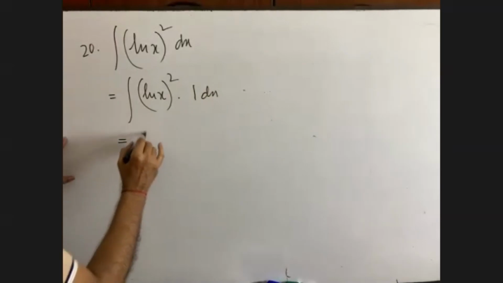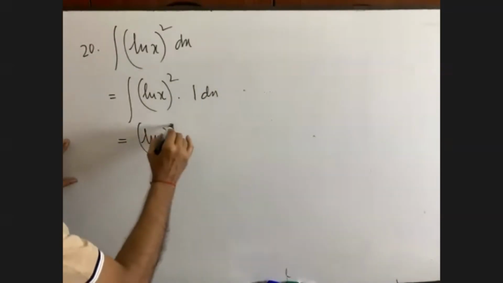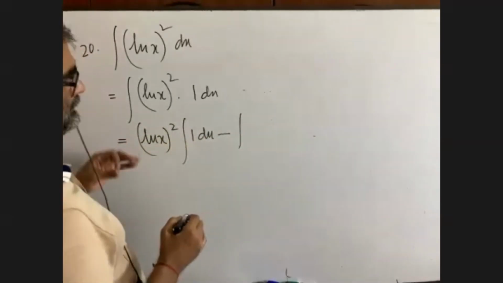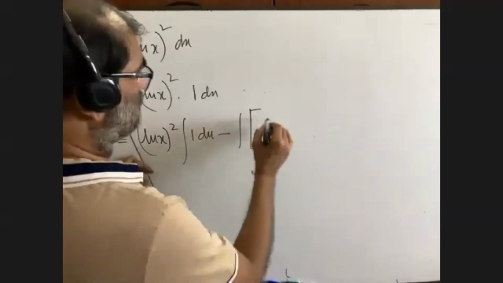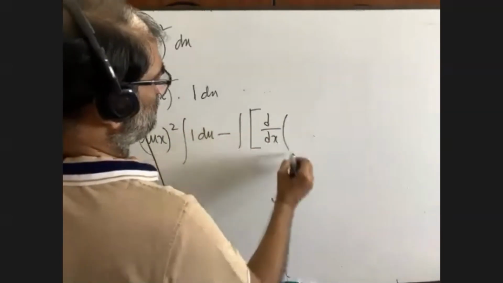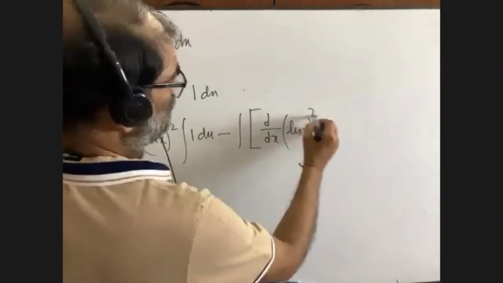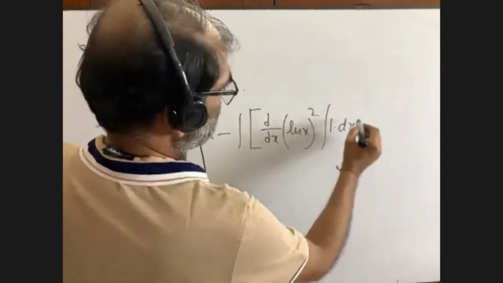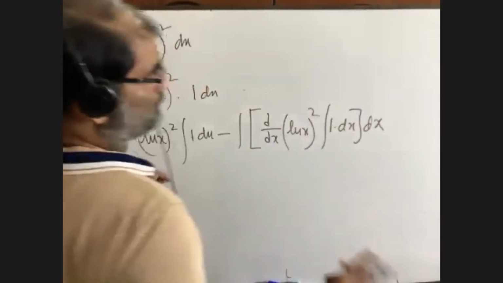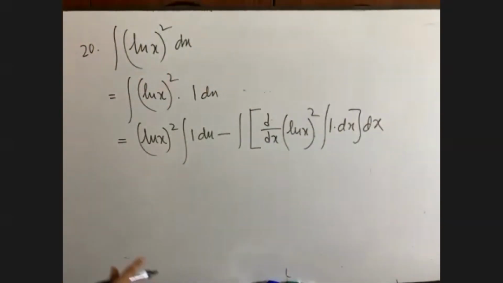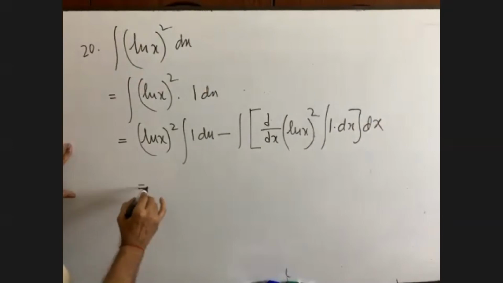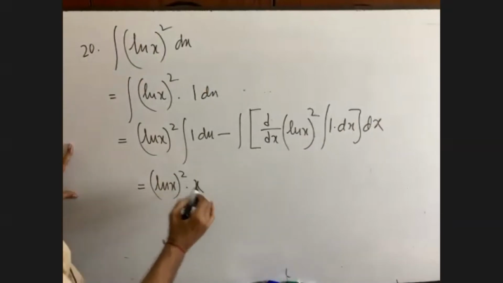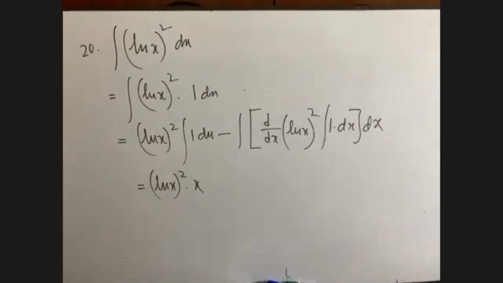Okay, I'm doing ln x whole square 1 dx minus third bracket d by dx of ln x whole square, integration 1 dx. That is ln x whole square. What is integral of 1 dx? It is x. Is it?